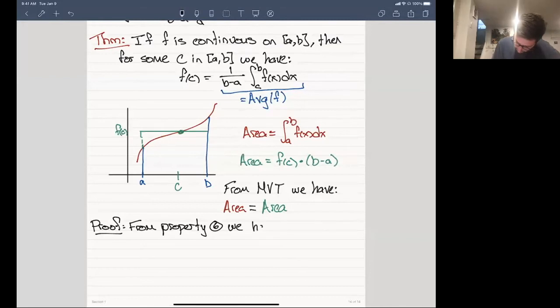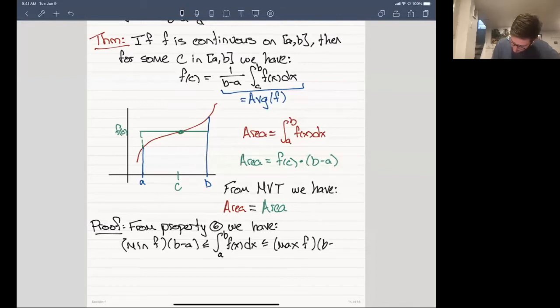Property 6 tells us that the definite integral is bounded below by the minimum of f times the length of the interval, and this is less than or equal to the definite integral, which is bounded above by the maximum of f times b minus a.